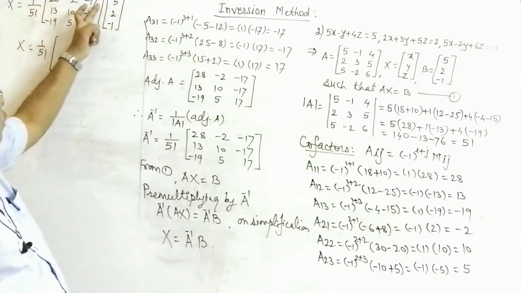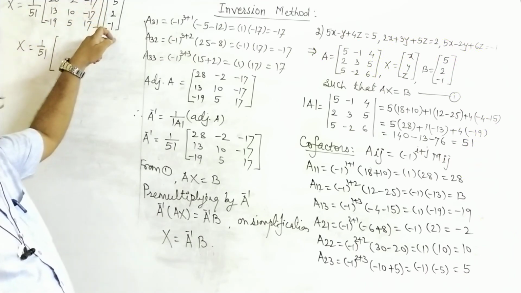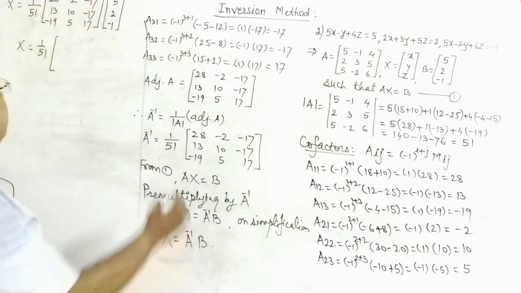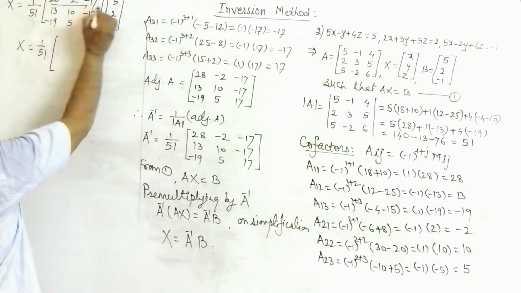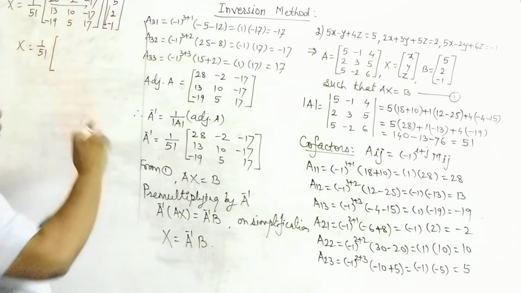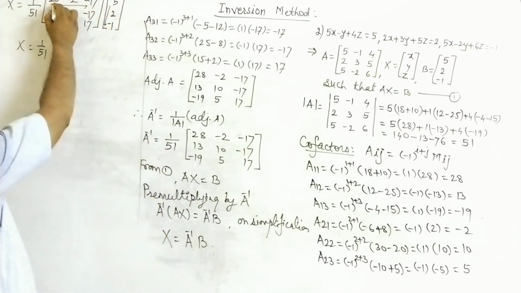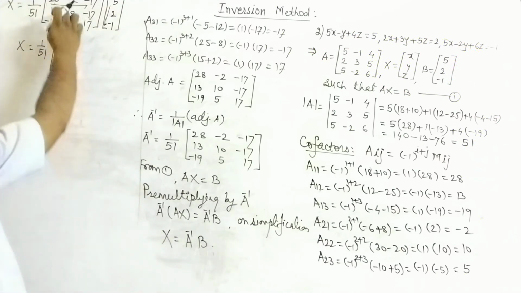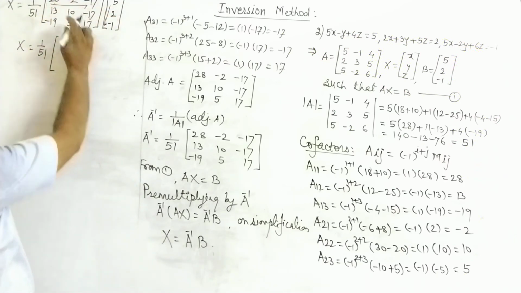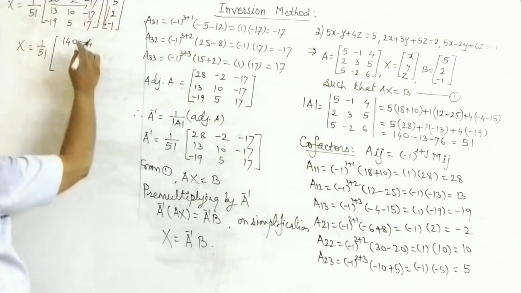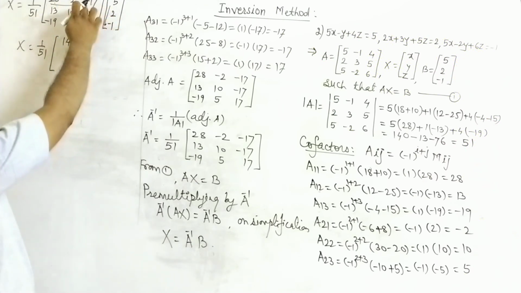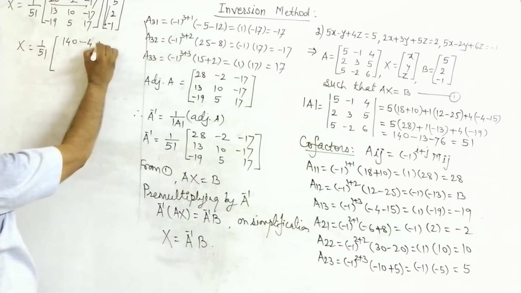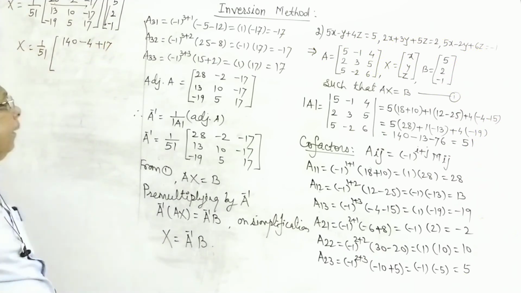First row, first column. There is only one column, so first row with this column. Multiplication this way: row's first element, column's first element, 28 into 5, 140. Row's second element, column's second element, minus 2 into 2, minus 4. Row's third, column's third, minus 17 into minus 1, plus 17.